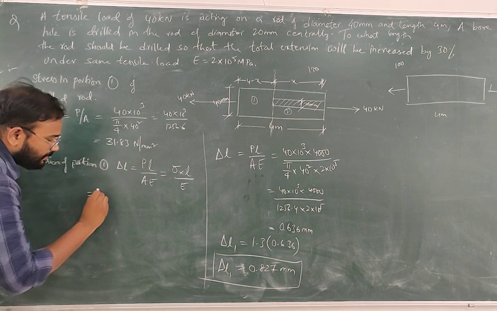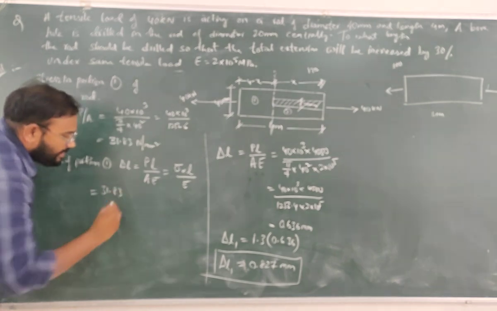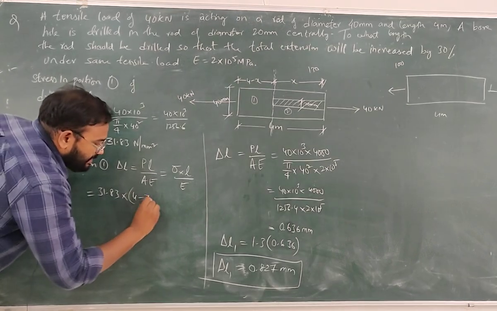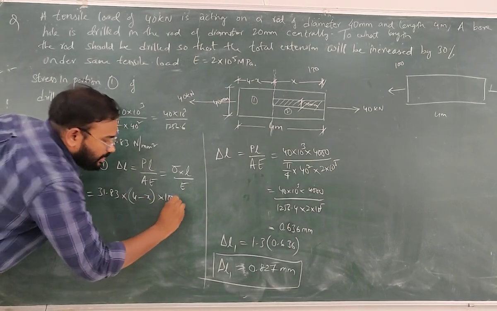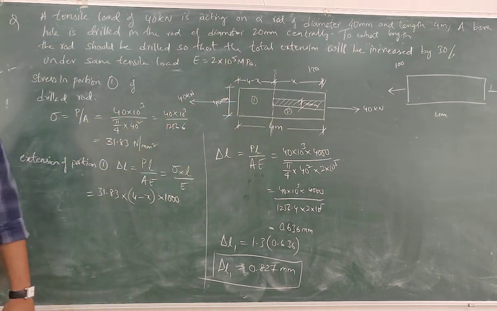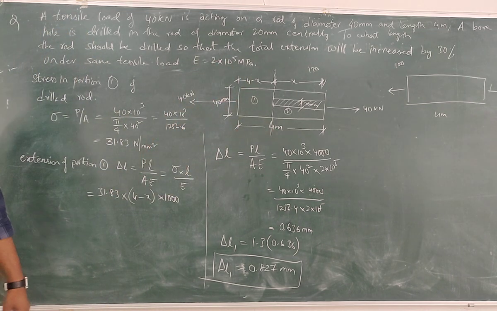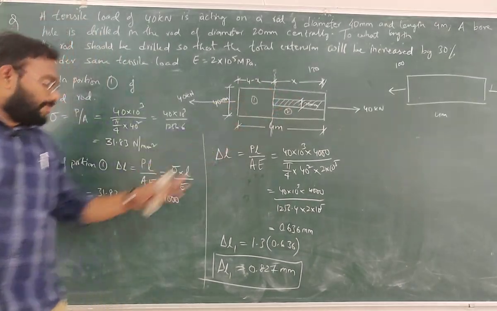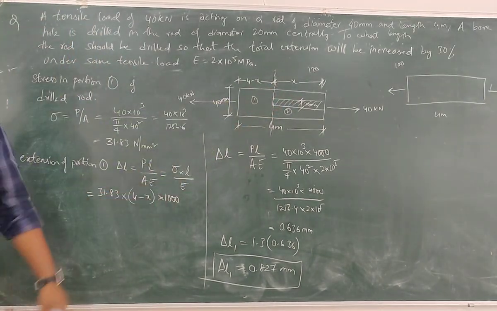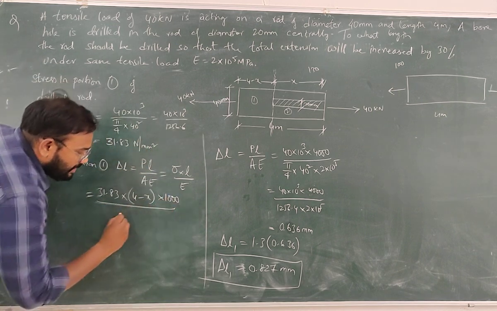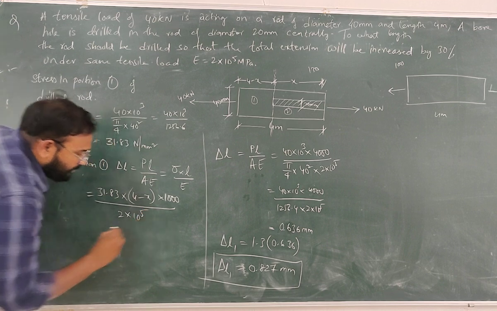So I am substituting sigma, 31.83 into, what is the length of portion 1? 4 minus x multiplied by 1000, or 4000 minus x you can write. I am multiplying 4 minus x into 1000 to convert from meter to millimeter. Okay, whole divided by, what is E? 2 into 10 power 5.